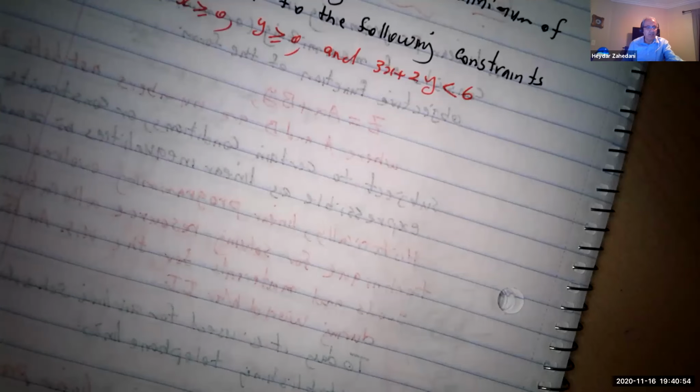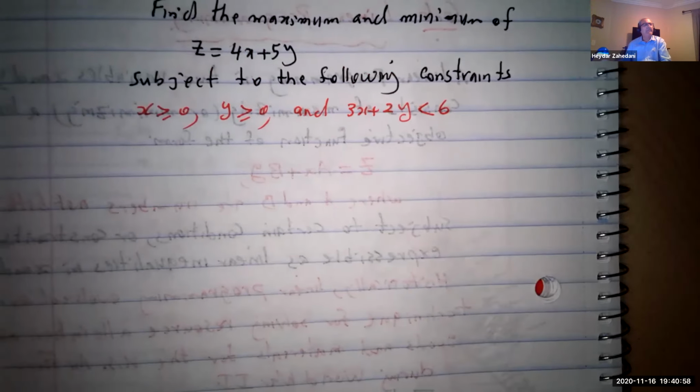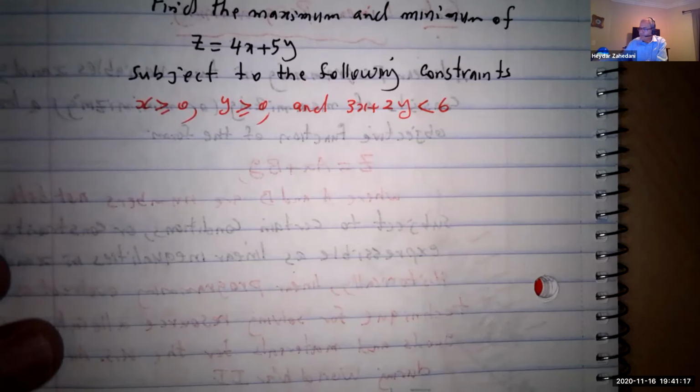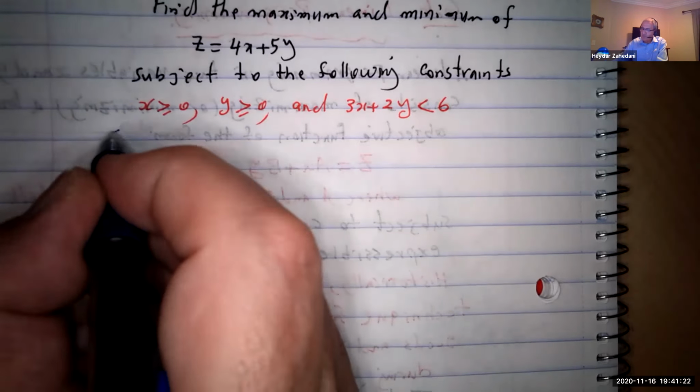So these are the information that we have. All of them together are a system of inequalities. We have to find a solution to that system first and then come back and take care of it.